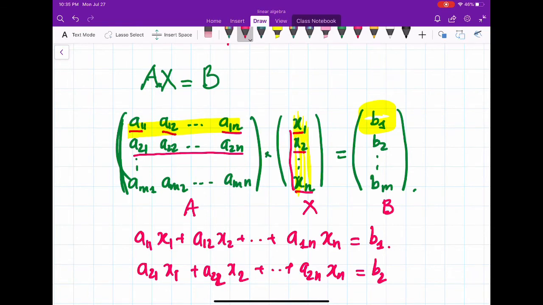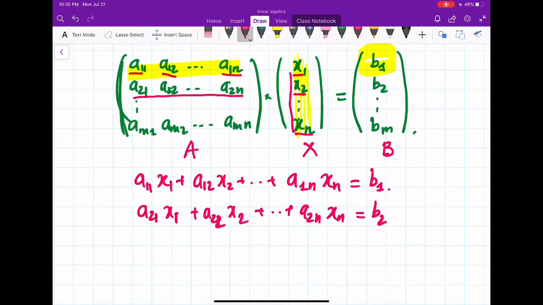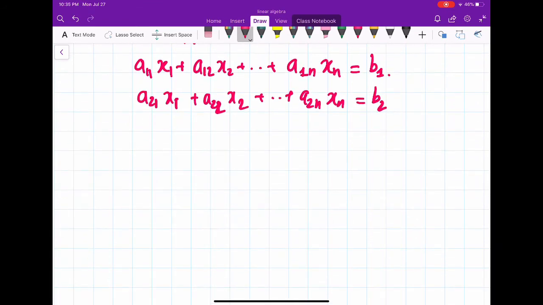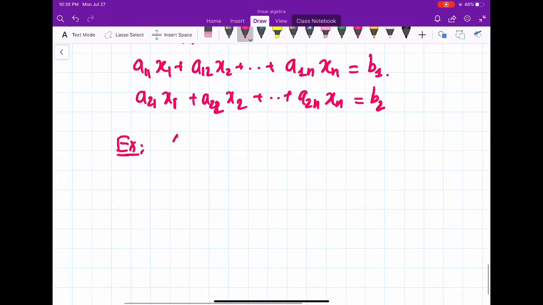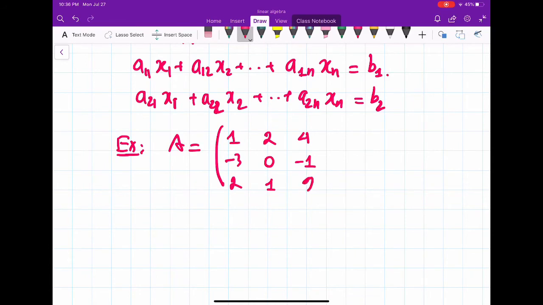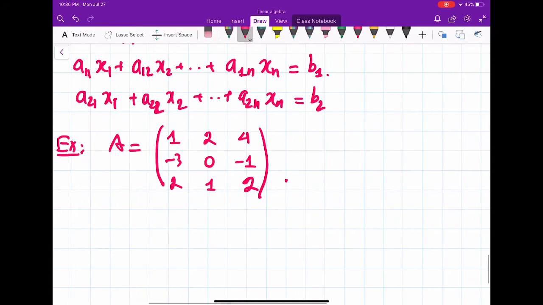Let's consider a very concrete example, and then we might generalize that, okay? So I have the following matrix A equal to 1, 2, 4, negative 3, 0, negative 1, and then 2, 1, 2, and matrix B is equal to 3, 2, 0, 1, negative 1, and 1.